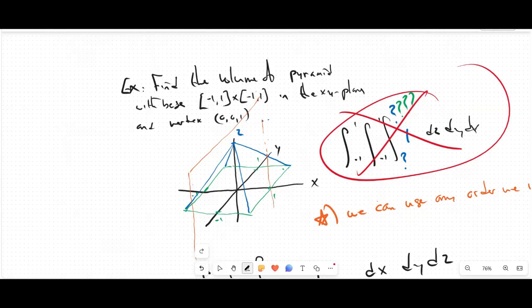Now, if you look at that plane, where does it cut the pyramid? Like if the pyramid was a piece of cake and the orange plane was a knife, where does it cut the pyramid? Try to draw that in.